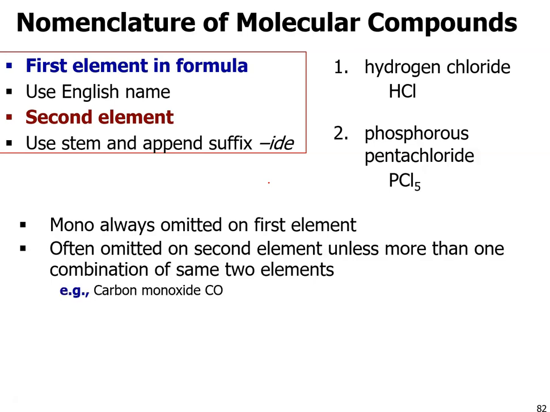So for example, carbon monoxide, we use monoxide because there is also carbon dioxide, which is present and readily available. If carbon dioxide didn't exist, then we wouldn't use carbon monoxide. There's no hydrogen dichloride, that doesn't exist. So because that doesn't exist, we don't use that name, monohydrogen monochloride.